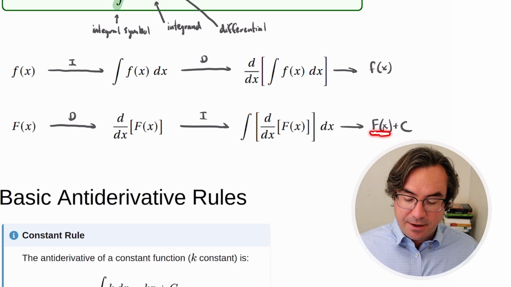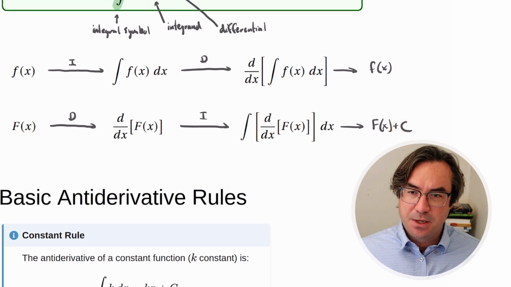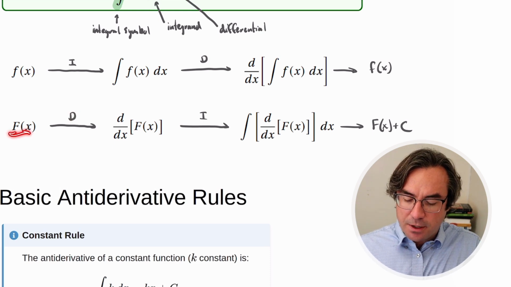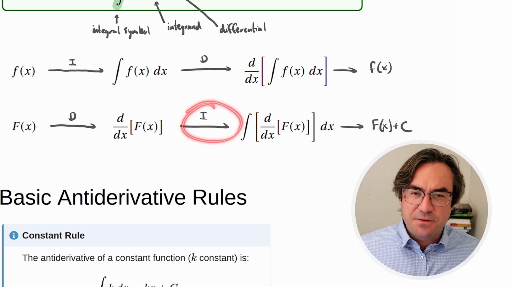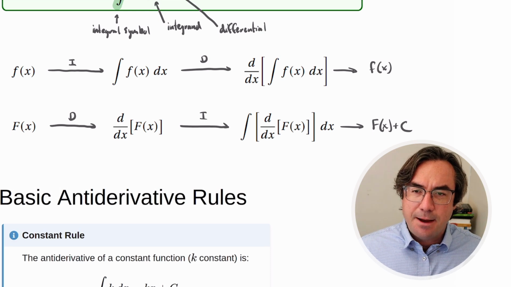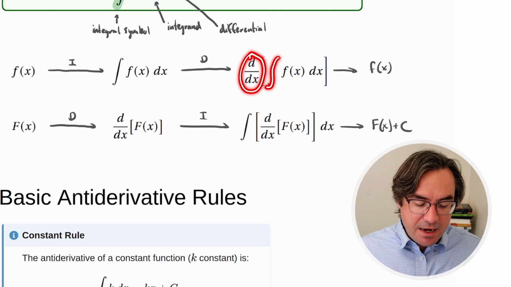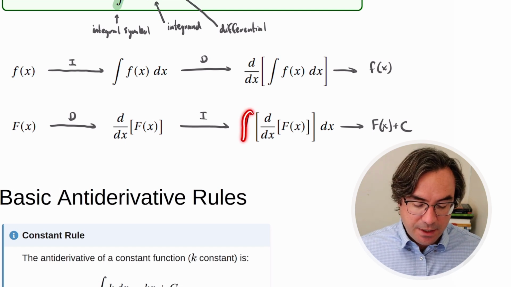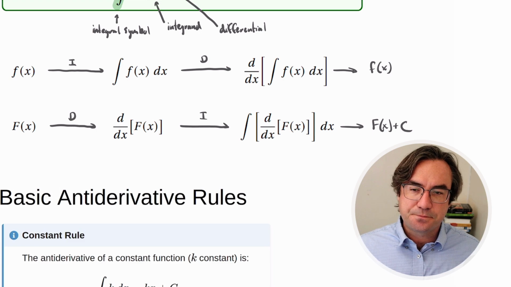We almost get back the original function, but we might be off by a constant. So this derivative does destroy a little bit of information about the original function that integration doesn't fully recover. But still, it's helpful to think of doing a derivative and an integral as really just canceling each other off. Doing an integral and then a derivative, they just cancel each other off.